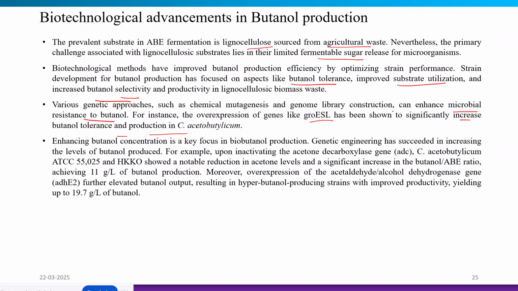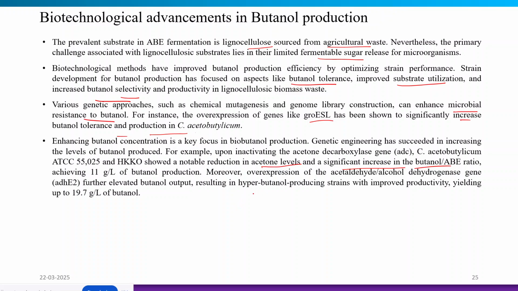Right now, genetic engineering has succeeded in increasing the levels of butanol production. As an example, upon inactivating the acetoacetate decarboxylase gene, C. acetobutylicum has shown a notable reduction in the acetone level and a significant increase in the butanol ratio in the ABE fermentation, which is very beneficial for the overall increment of the yield of biobutanol production.